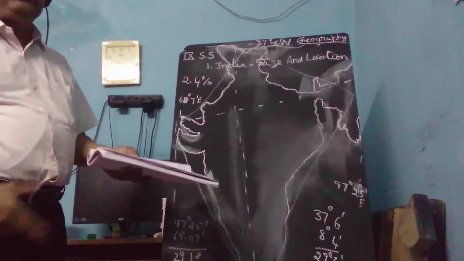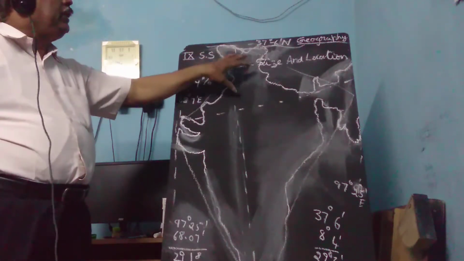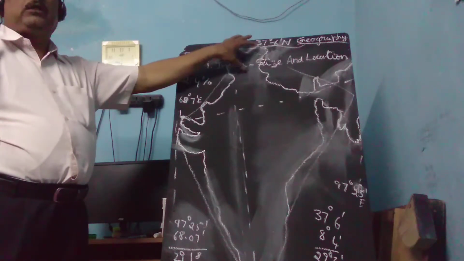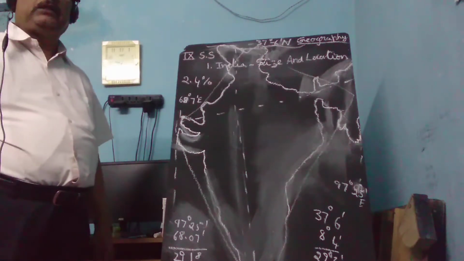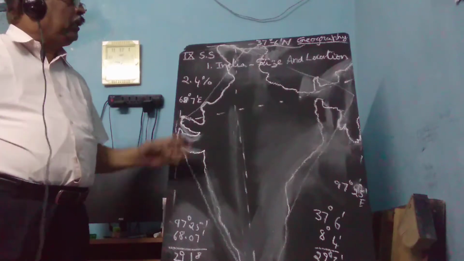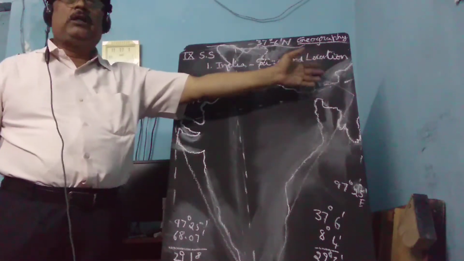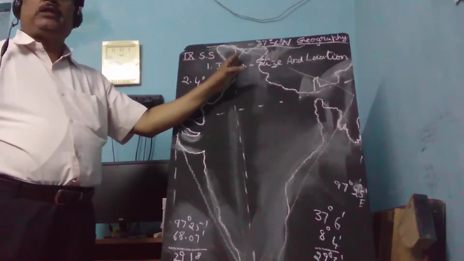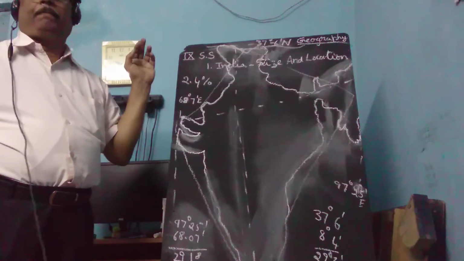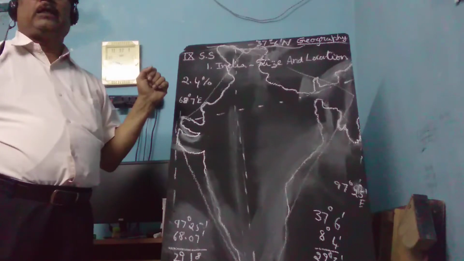So while we consider this route, India is in an important position. When we travel by land from eastern countries to western countries, they must touch India, the northern tip of India.